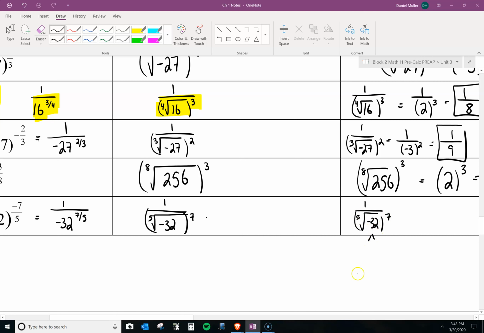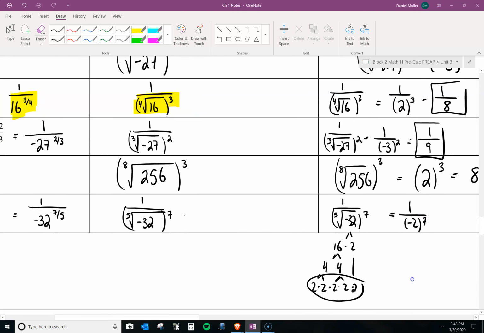So you can break this up. 32 is 16 and 2. This is going to be 4 and 4, and 2 and 2. So I'm looking for 5th roots or groups of 5, so that's all of them. But it is negative, so my answer will be negative 2, not positive 2, all to the power of 7.